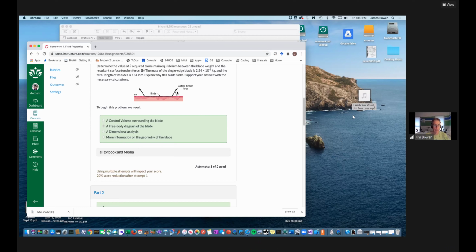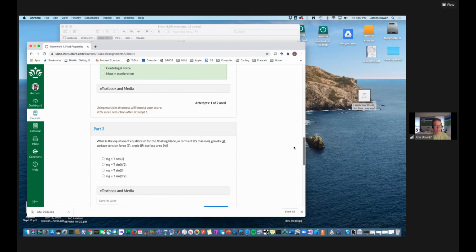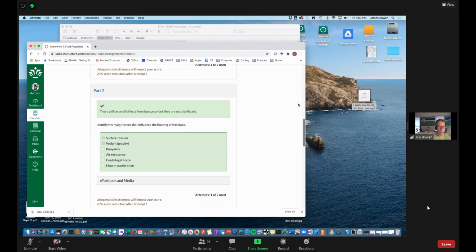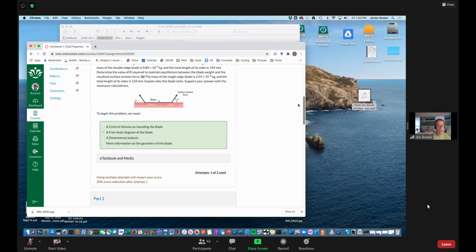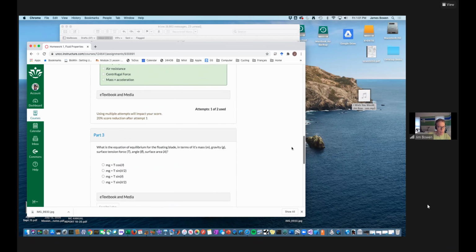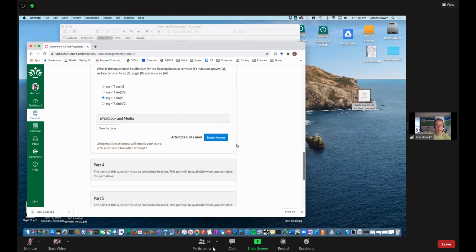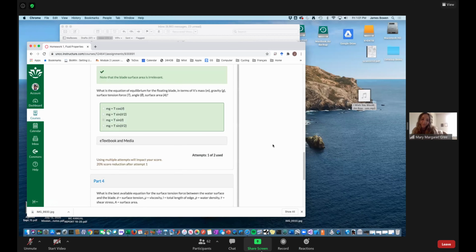We want the component that's vertically upward. If this is our angle theta, that should be the opposite over adjacent, or the sine. So I would think that it's this. Mary Margaret, is that right? I don't want to get it wrong. Yeah, that's what I got. Okay.